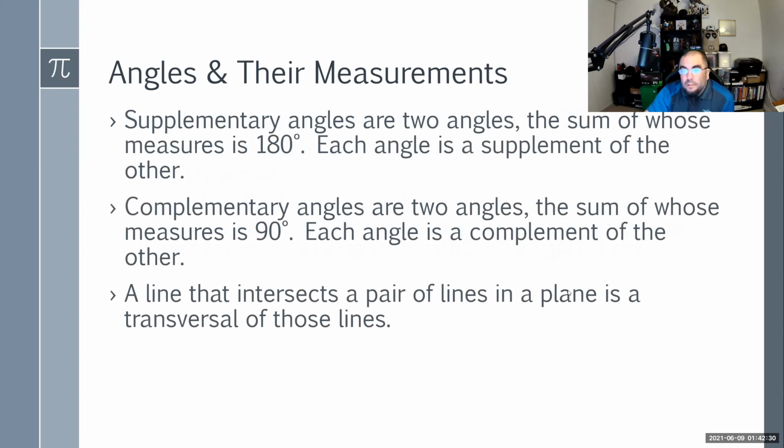Supplementary angles are two angles, the sum of whose measurements is 180. Each angle is the supplement of the other.